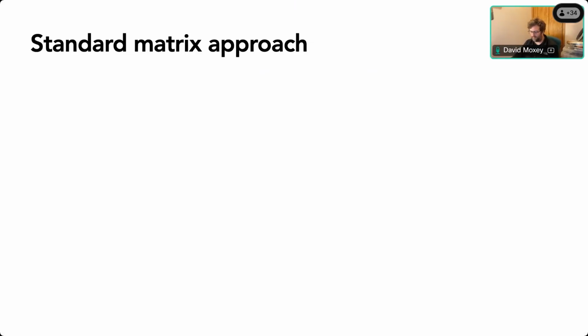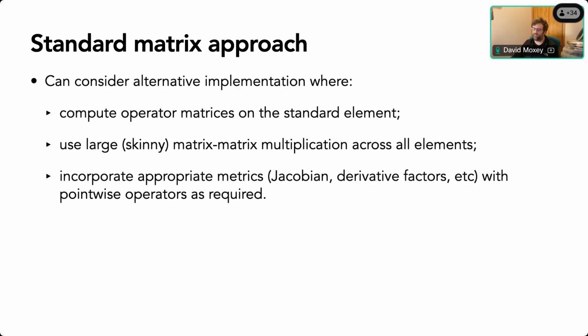There's a third option as well, which I'll talk about because it's in some of our results slides in a minute, which is what we call the standard matrix approach. This is an approach where you can compute an operator matrix on the standard element. So you throw some factorization out the window and you say, right, I have a matrix that represents the backward transform or the inner product operator or whatever operator you're interested in on a particular standard element.